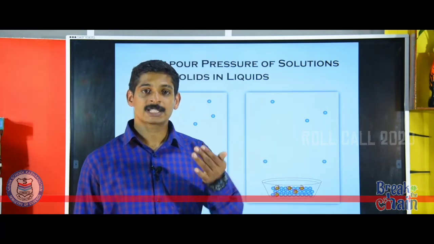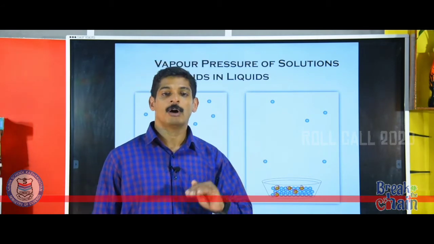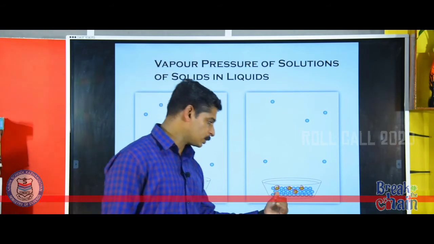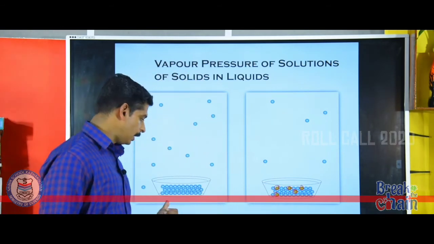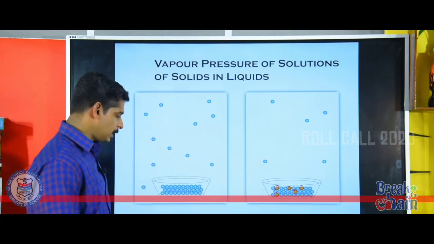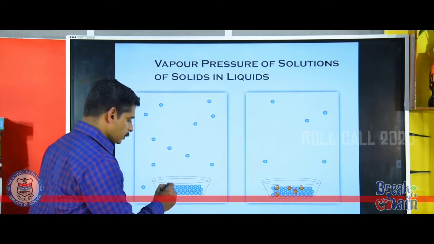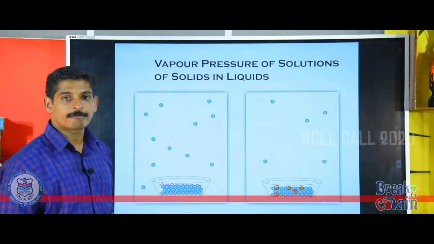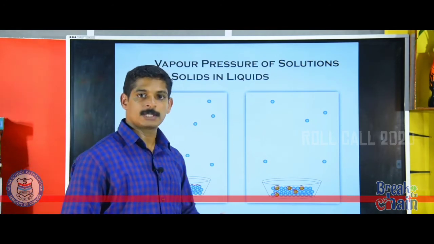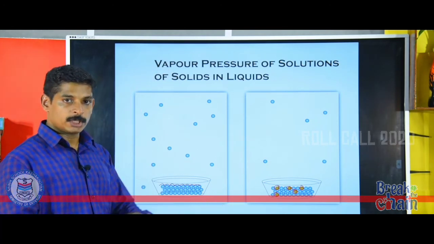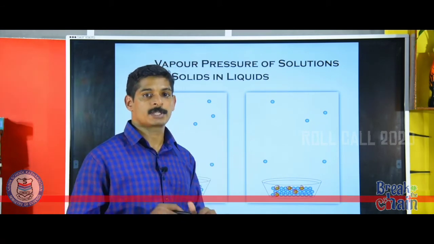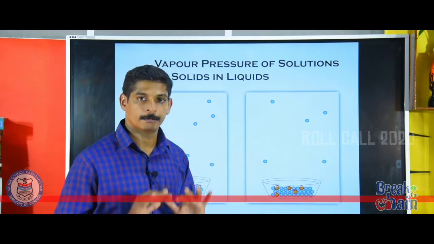So what is the reason for this lowering of vapor pressure? Now if you compare these two pictures, here you have the surface occupied by only one kind of molecule. Which is that? That is the solvent molecules. So the entire surface is available for evaporation, for the formation of vapor.